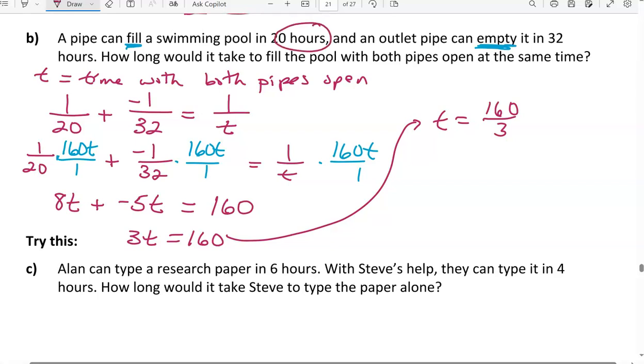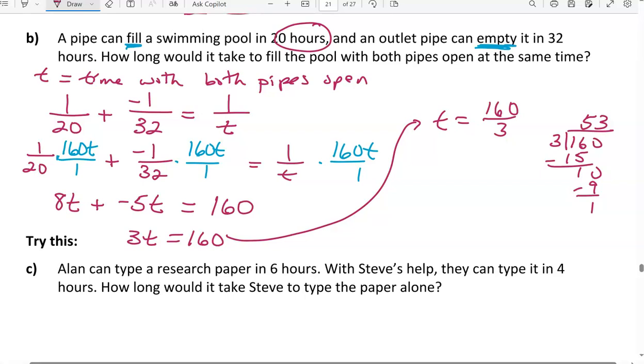3 goes into 160, let's do some long division here. 3 into 16 goes 5 times, with 1 left over. 3 into 10 goes 3 times, with 1 left over.